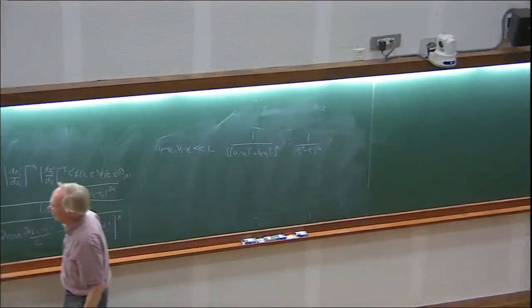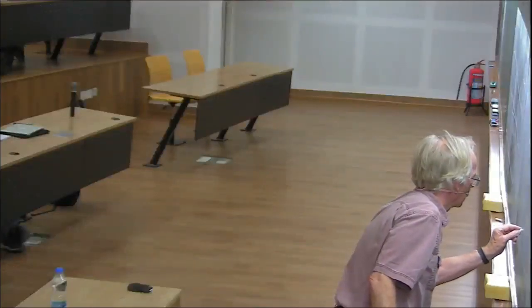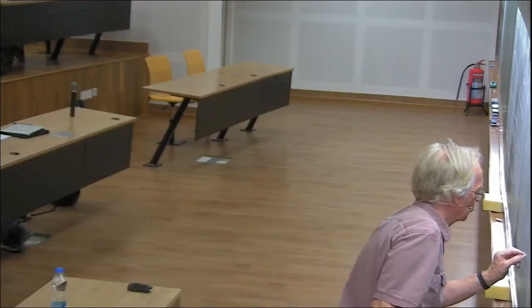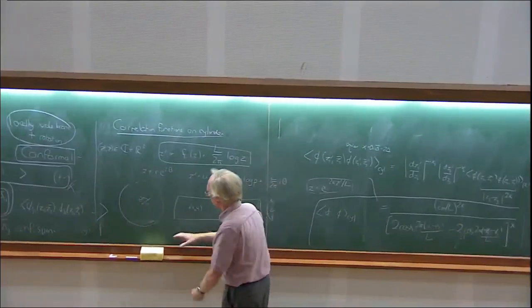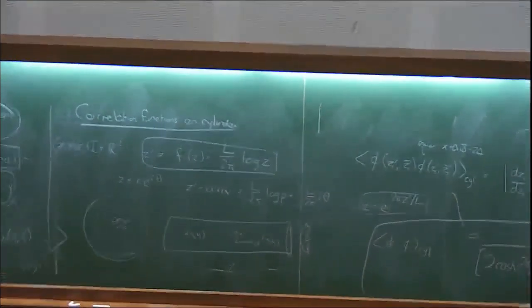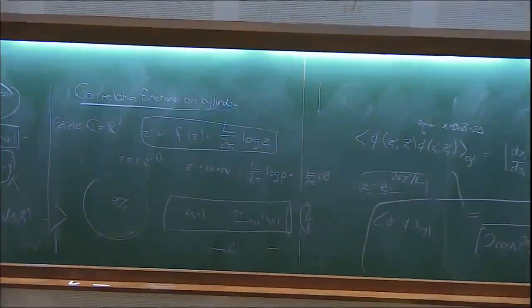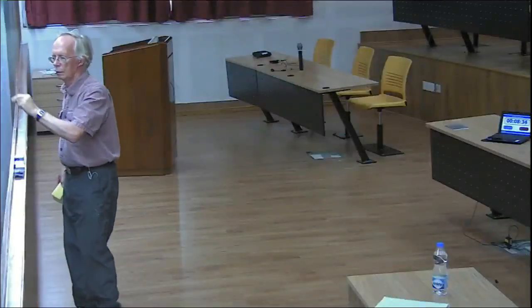However, if we take U1 and V1 and U2 and V2, we can take U1 minus U2 a long way, we can take the points a long way apart. So now if U1 minus U2 is much, much bigger than L, what do we get there?